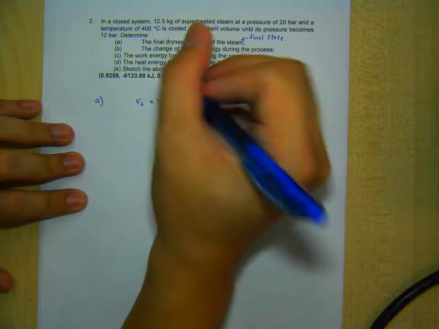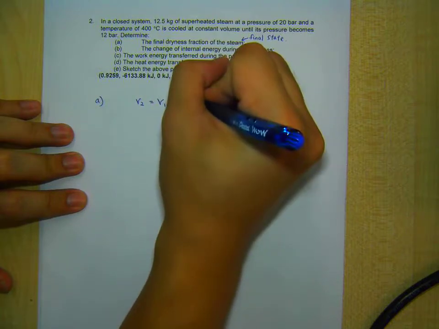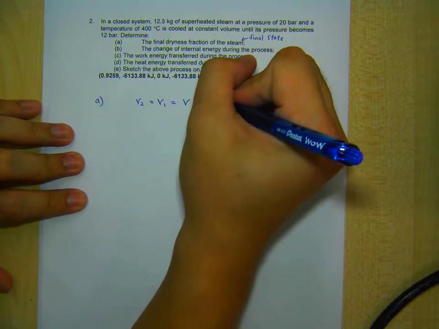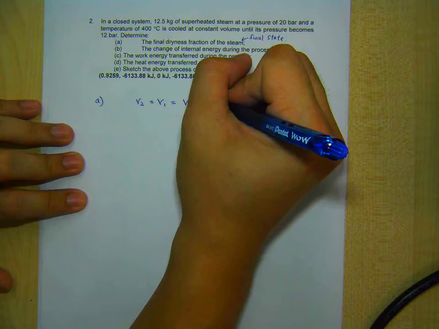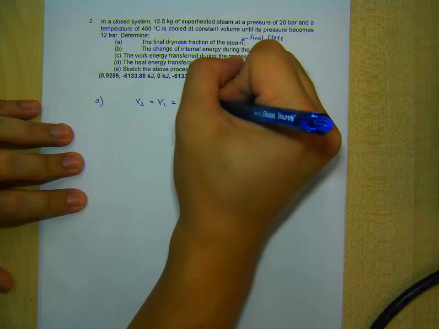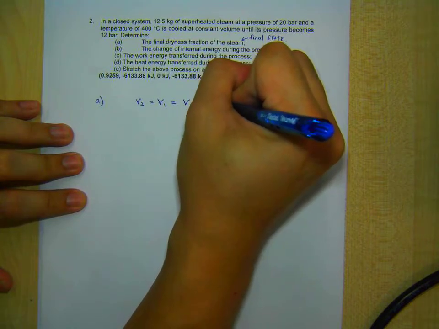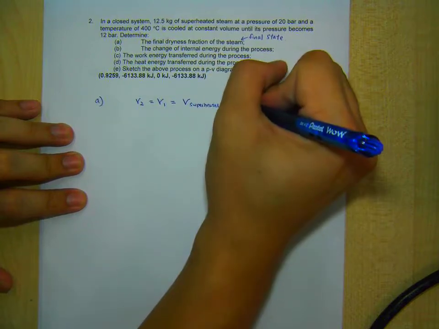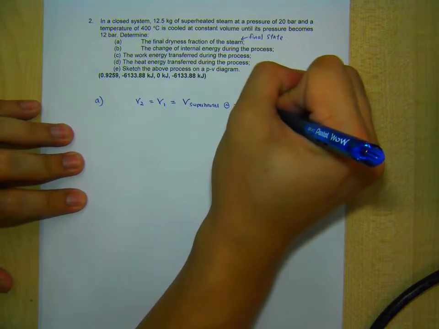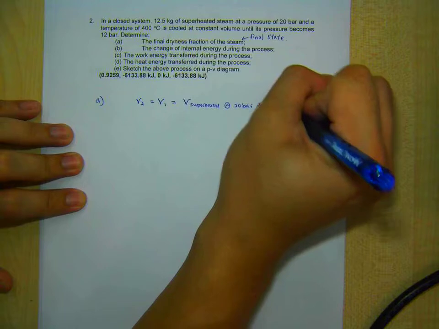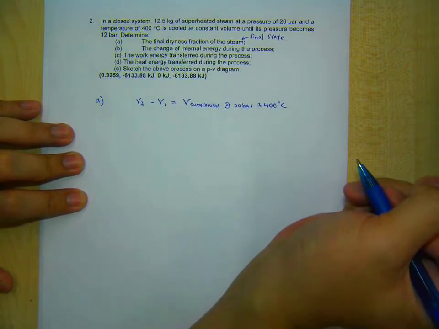And how do we get the specific volume V1? It is the specific volume of superheated steam at 20 bar and 400 degrees Celsius.